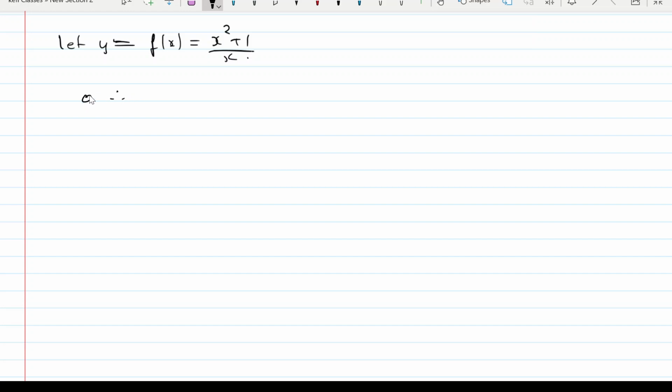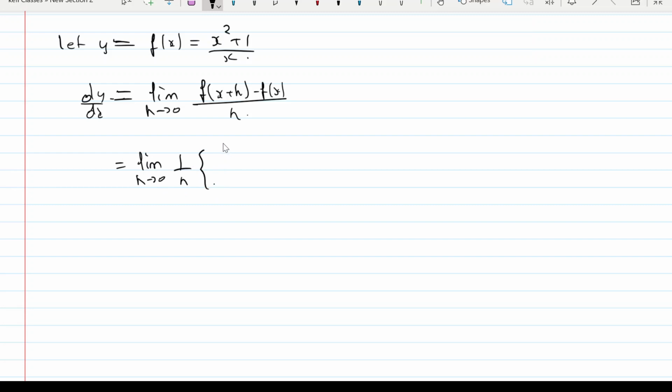Therefore dy by dx is equal to limit as h tends to 0 f of x plus h minus f of x upon h, which is equal to limit as h tends to 0 1 upon h, and f of x plus h will become x plus h the whole square plus 1 divided by x plus h minus x square plus 1 upon x over here, and that upon h has been taken over here.